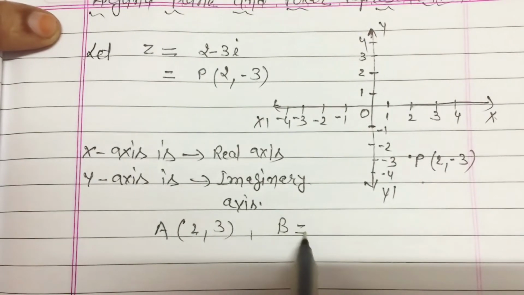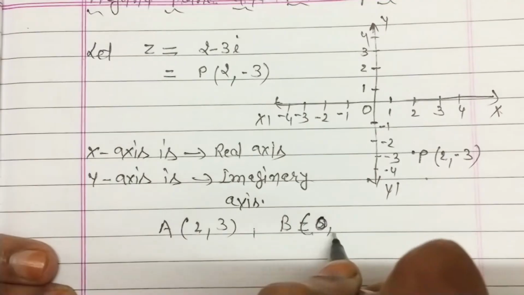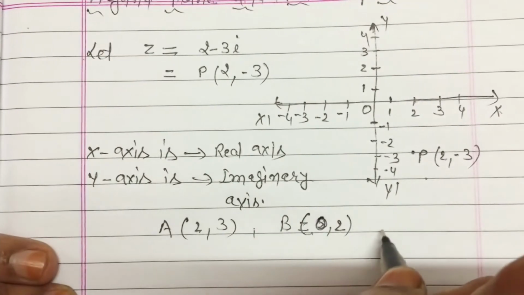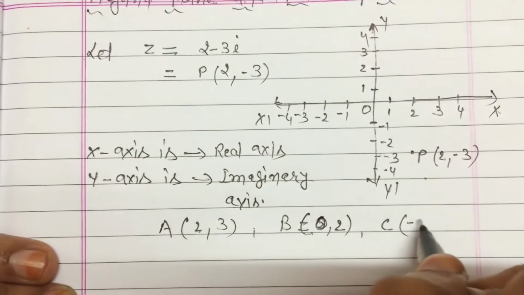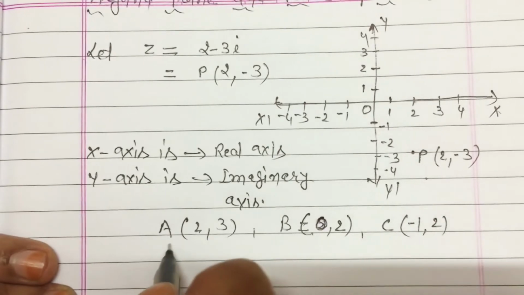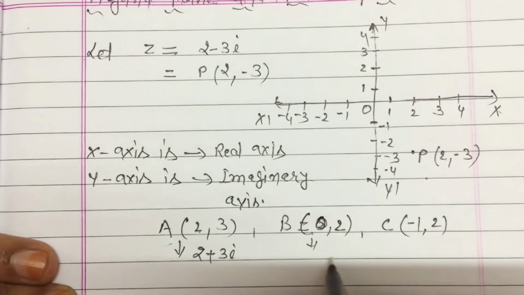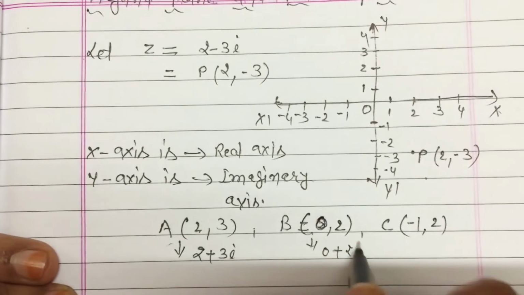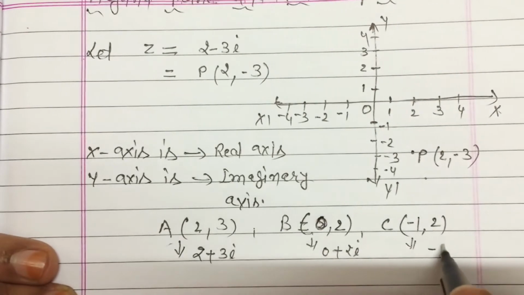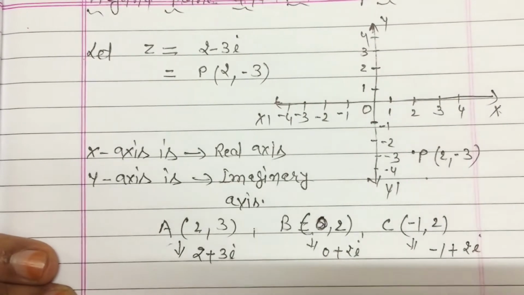B is another point, it's (0, 2). C is (minus 1, 2). Then the corresponding complex numbers are 2 plus 3i, 0 plus 2i, and minus 1 plus 2i.